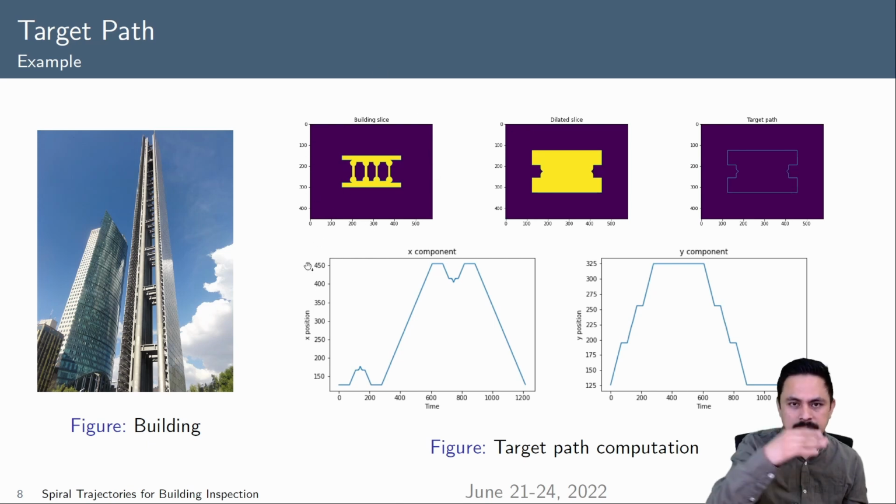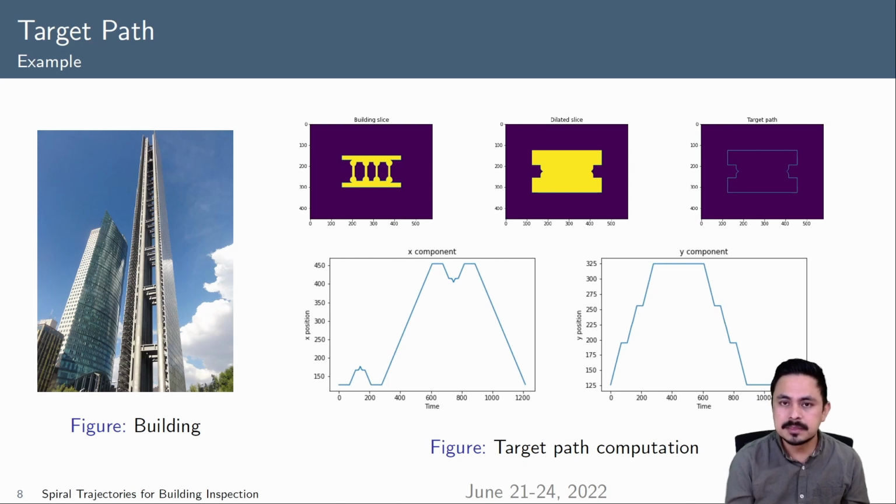There are several ones to complete all the altitude. So with this slice we compute a target path that is the contour of the dilated slice, as we can see in the right figure with the target path.